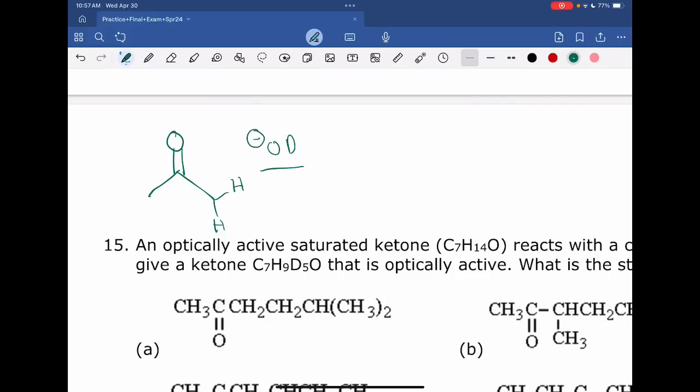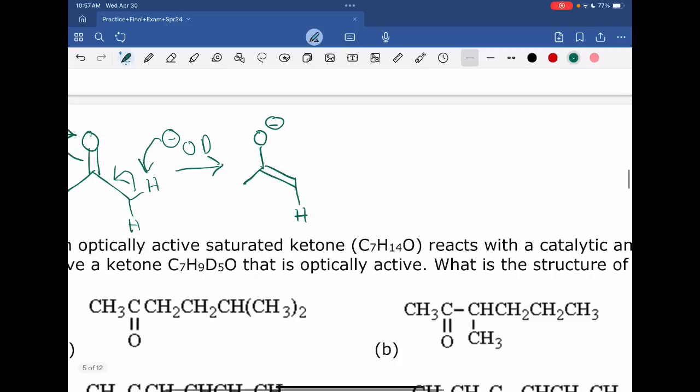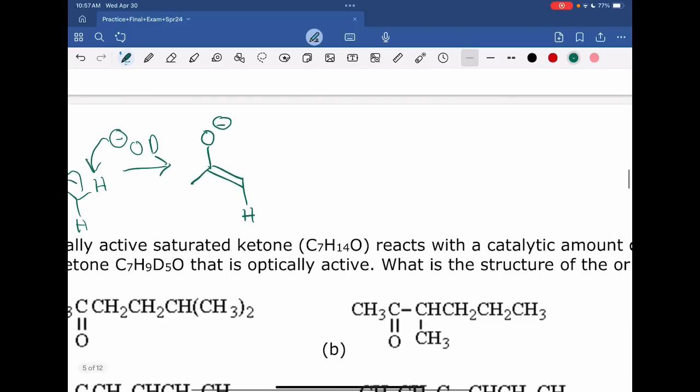So this is going for this H, make a double bond in here, do this, and you're gonna get O minus, and your double bond here, and you still have an H in here. Now, this O grabs a proton from D2O. Let me redraw this.